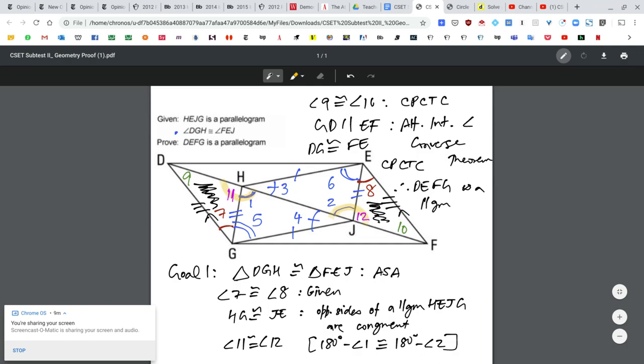We're basically using the theorem: if one pair of opposite sides of a quadrilateral, I'm running out of room, is parallel and congruent, then the quadrilateral is a parallelogram.